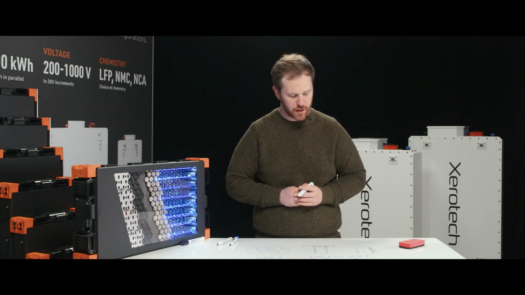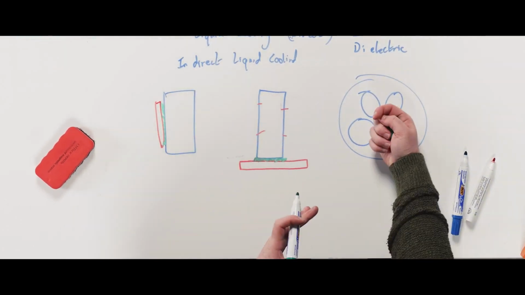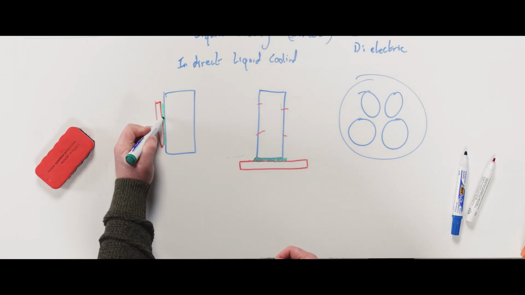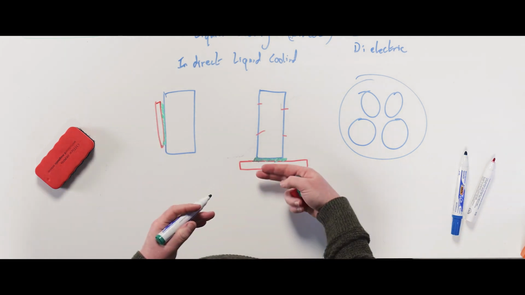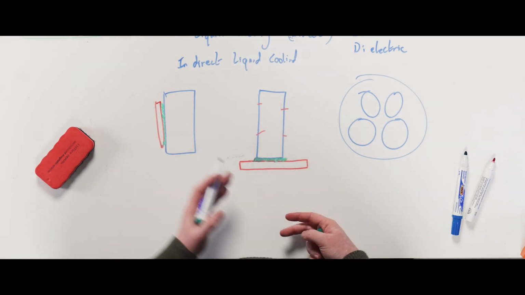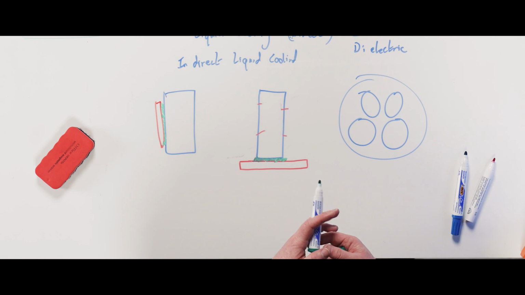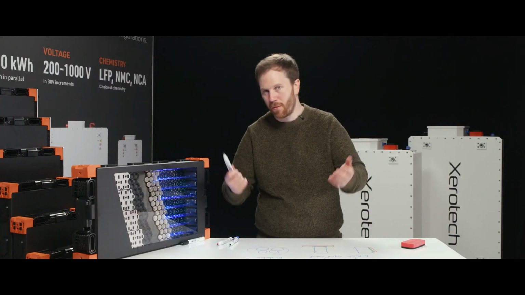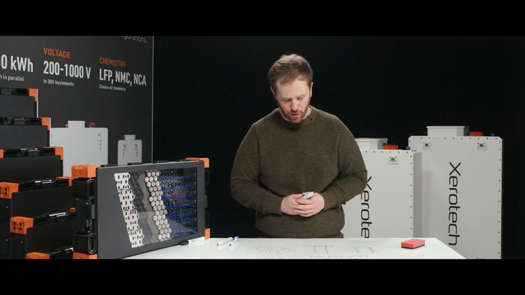So cooling the side of the cell, which is physically bigger in one dimension, gives more area and theoretically higher heat transfer. But you still have the same issue with a thermal interface material. So it's either base plate cooling or sidewall. The vast majority of the market use base plate cooling because it's easier to implement practically, but more high performance systems, most notably in Teslas and others, use sidewall cooling.